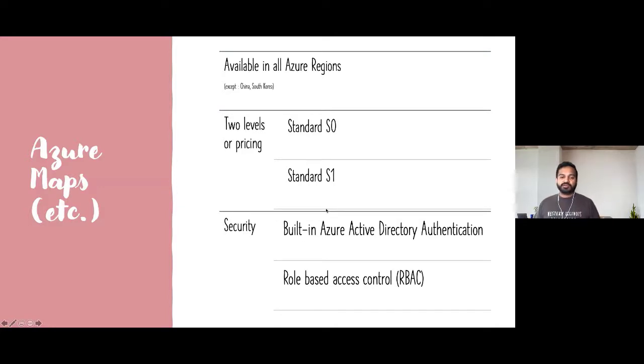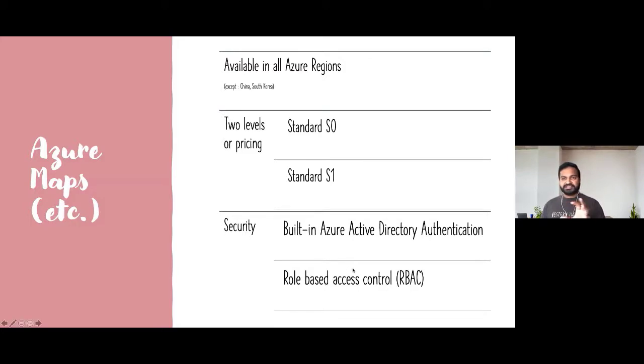And the beauty of Azure Maps is the security piece of it, because you could have Azure Active Directory authentication enabled on it, or you can also have role-based authentication on who could see the data that you are plotting on the map, or at least give permission to some person so that they could see or not see the map and the data itself.